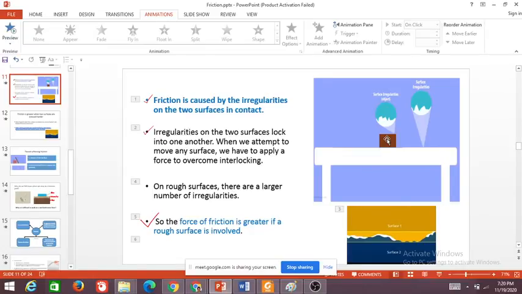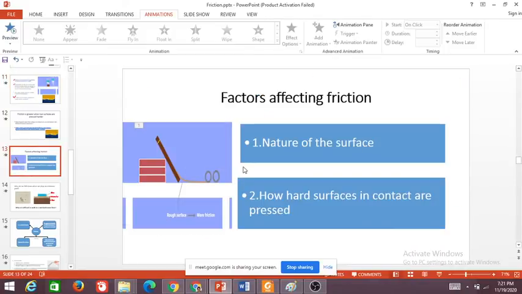So this is how friction acts. When the surface is rougher, the irregularities will be more and hence the friction will be more. And suppose I am pressing this box down, then to move the box I need more force. Why? Because friction is greater there. So friction depends on two things: the nature of the surface and how hard the surfaces are pressed together. We did some activity and then we saw the simulations also.